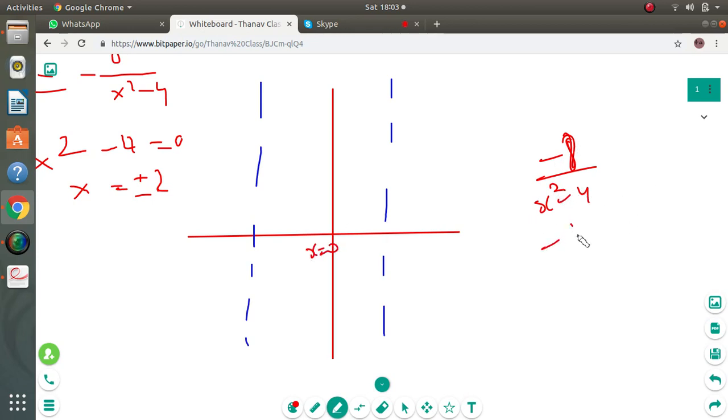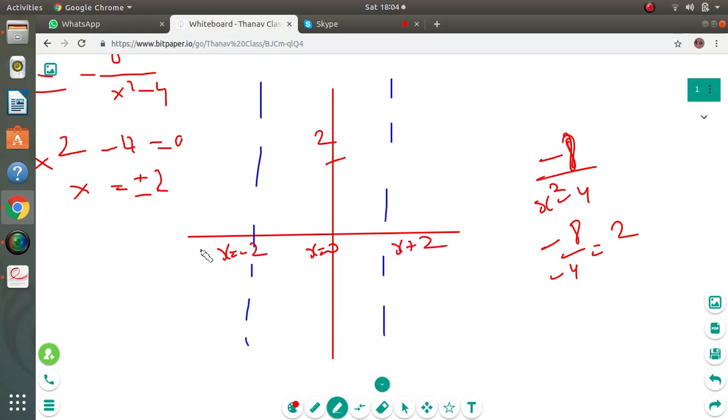Then that will be just 2. So x equals 2 here we have now. And what about the horizontal asymptote you got? 0. And what about this value? Minus 2, right? This plus 2. Yeah, 2 and minus 2.